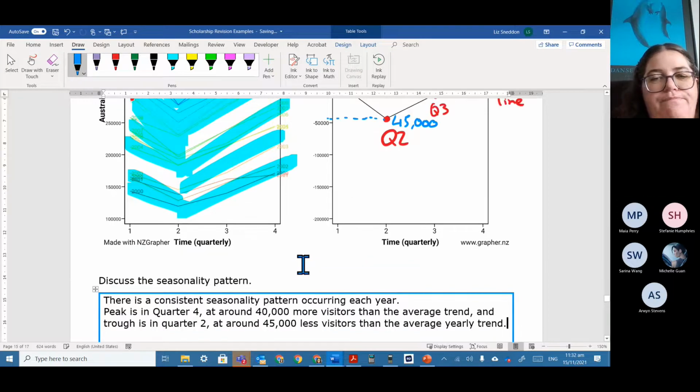So that's what I want to do, to say highest and lowest and estimate the number. Okay, so that's our seasonality pattern.